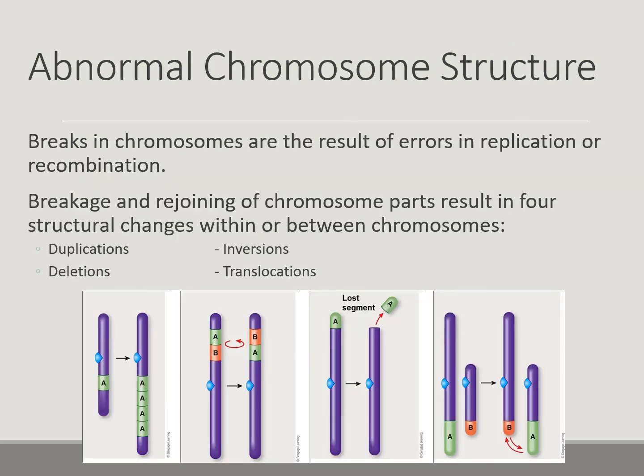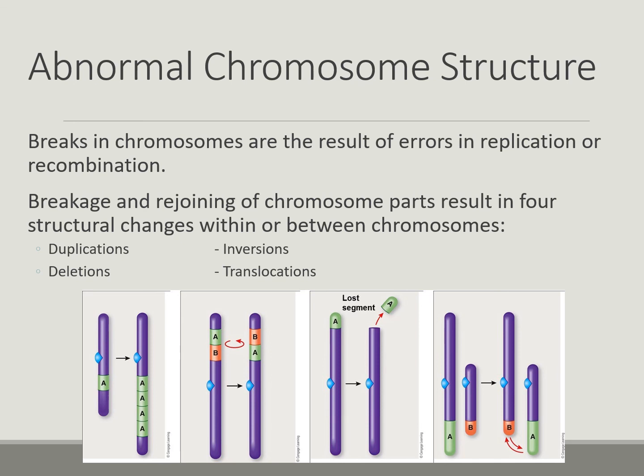This figure shows common abnormalities of chromosome structure. In the first example, a portion of the chromosome mistakenly made multiple copies of the segment A, and it is known as duplication. In the second set, segments A and B are inverted. So this is inversion.